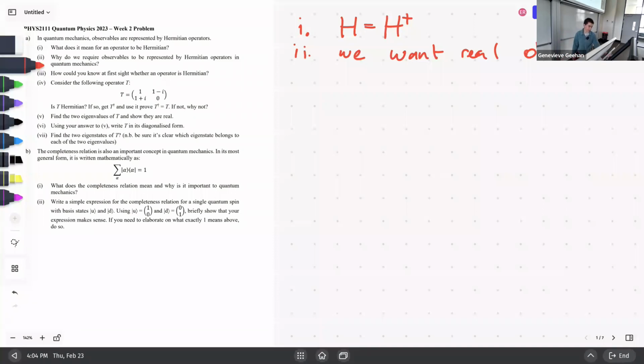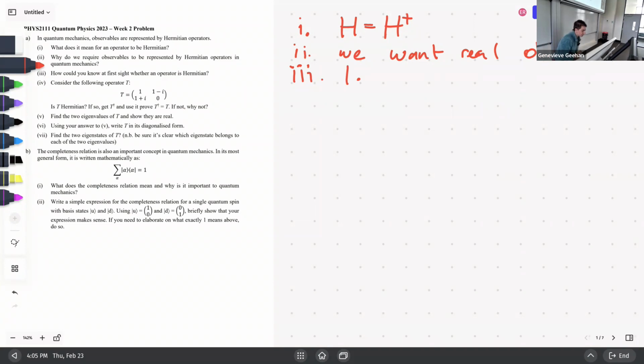Okay, so next question. How could you know at first sight whether an operator is Hermitian? There was a little bit of confusion here, mostly people not being super clear with their answers. A good answer for this would have been, okay, two things.